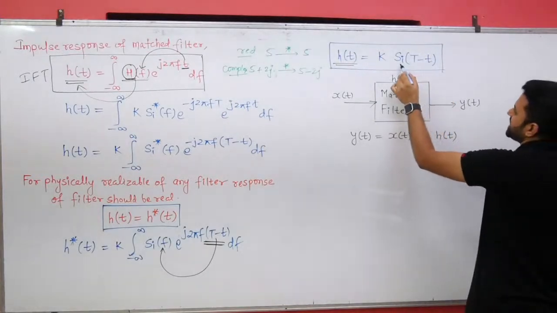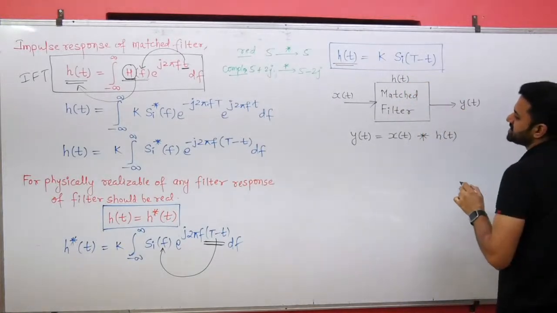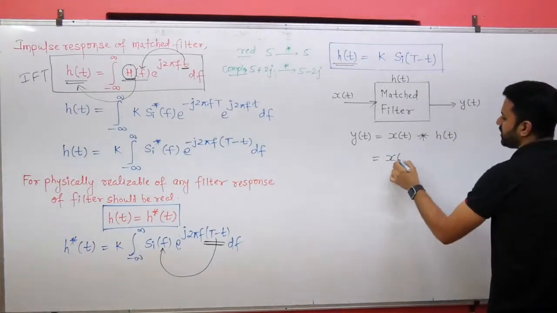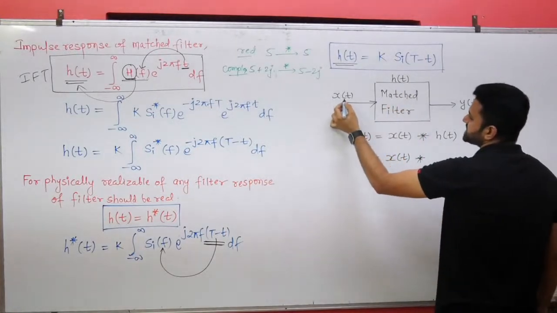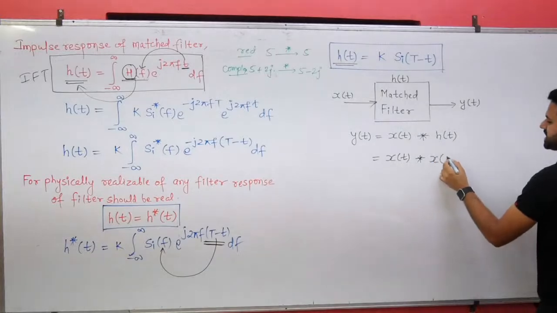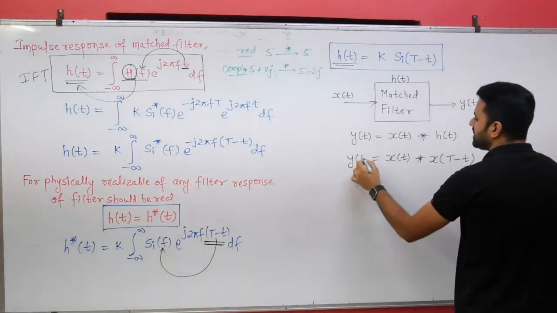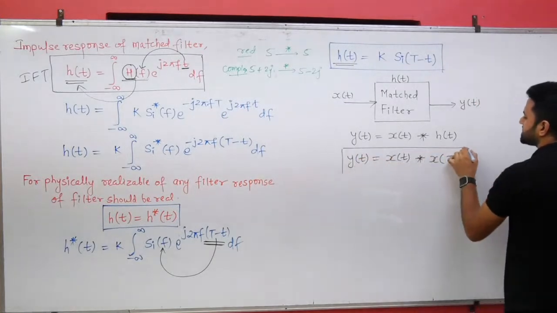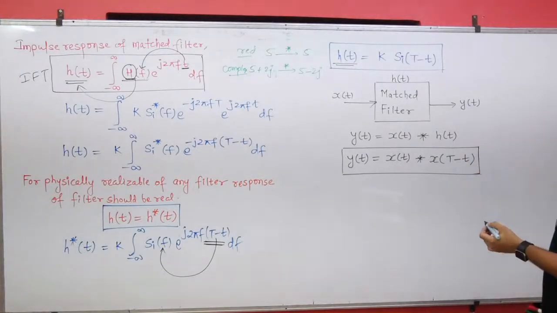So this SI was the input to the matched filter and now it has been shifted. Similarly, for the response of the matched filter, in this case the input is x, so it should be shifted by capital T minus small t, keeping the arbitrary constant k as 1. If it is not given, then you can take the arbitrary constant k equal to 1.